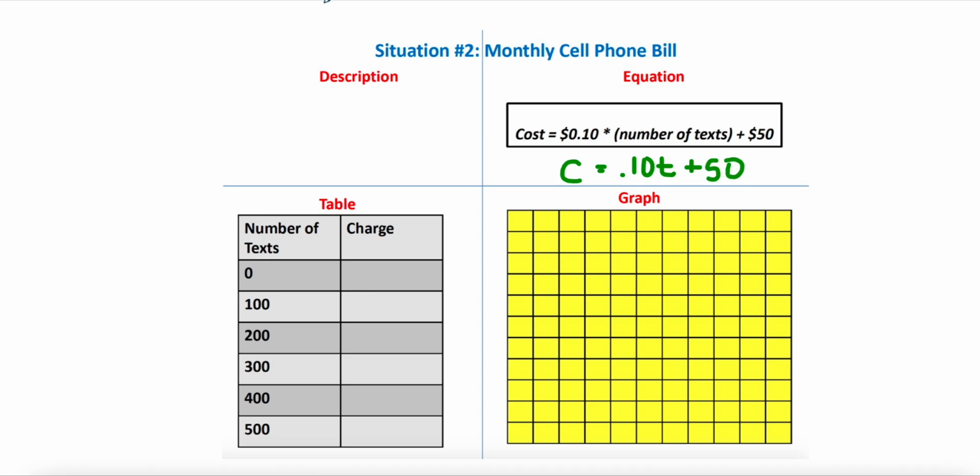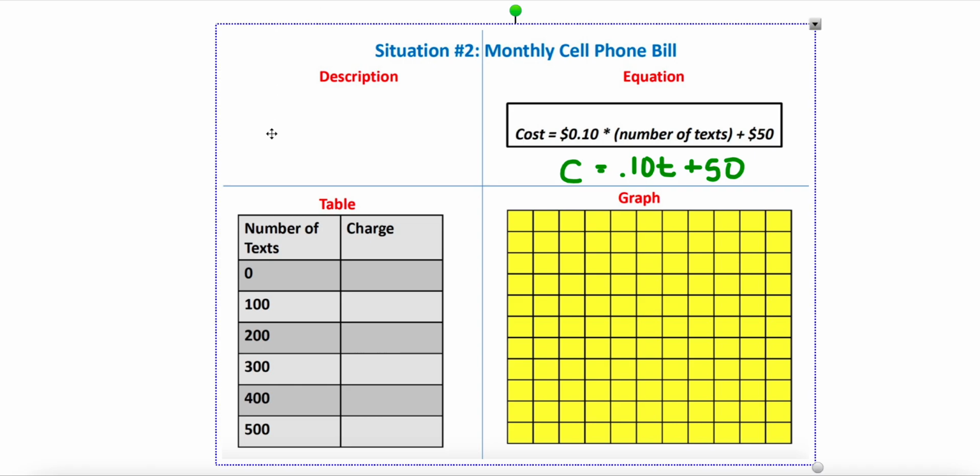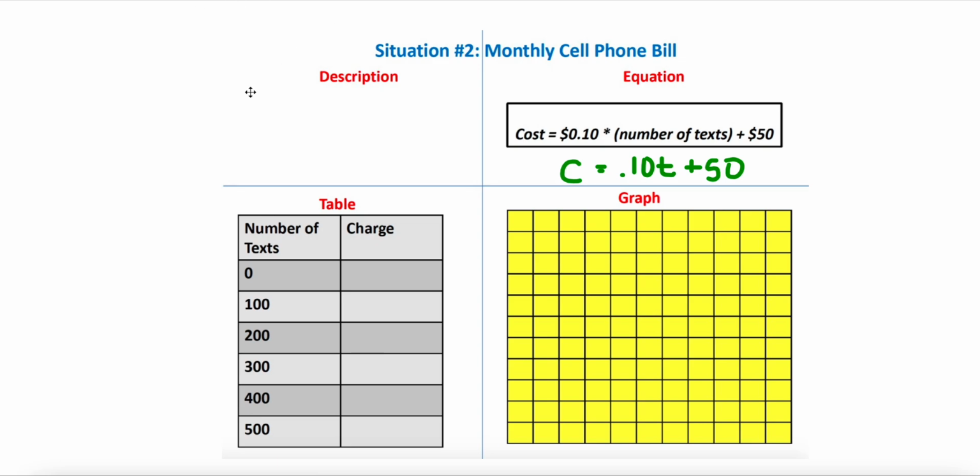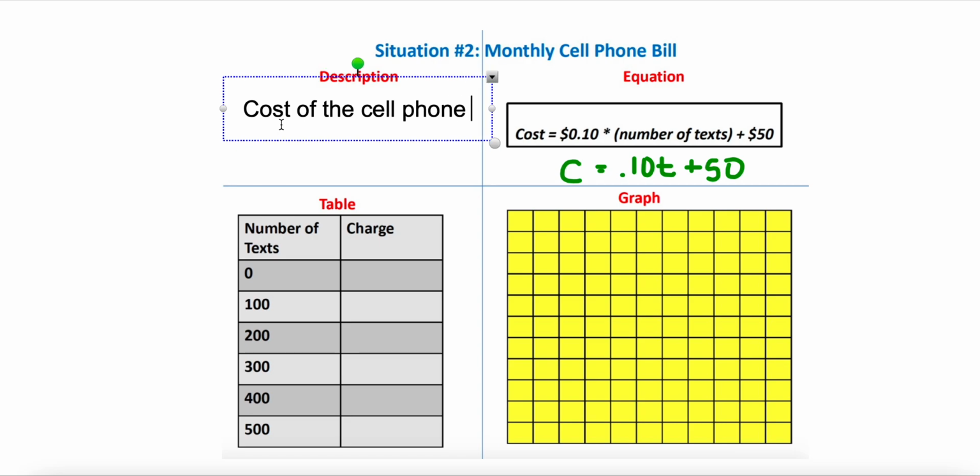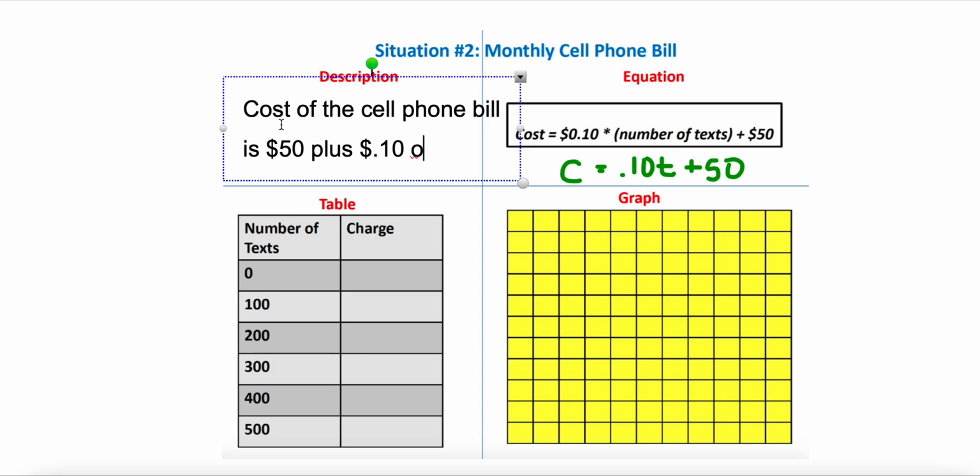So I could write something like, the cost of the cell phone bill is $50 plus 10 cents per text.